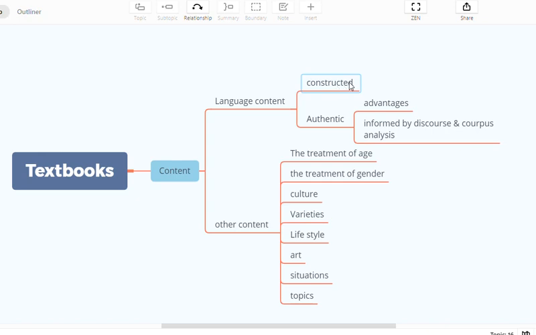because they should not be used in real life situations. And the other point is that if you want to use authentic materials, there are two ways, two methods. The textbook should be informed by discourse and corpus analysis.